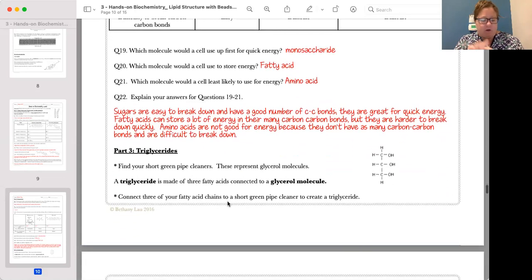We're going to find our short green pipe cleaner, and that's going to represent glycerol. A triglyceride is made up of 3 fatty acids connected to a glycerol.